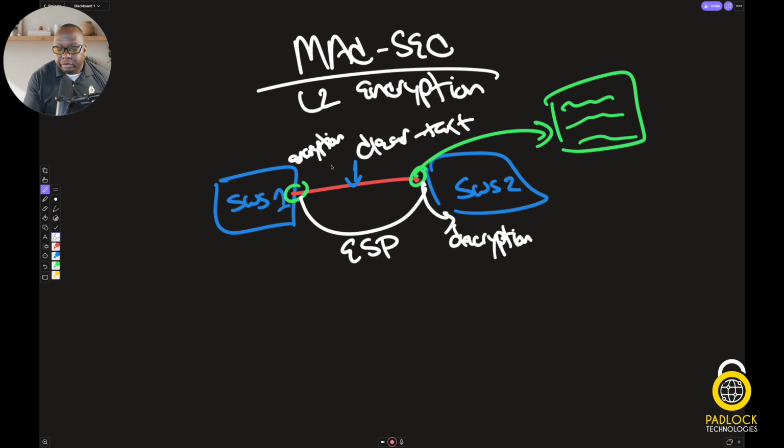And this is bidirectional. So if I send traffic this way, now this turns into decryption, and this is technically encryption, depending on the flow of the traffic.